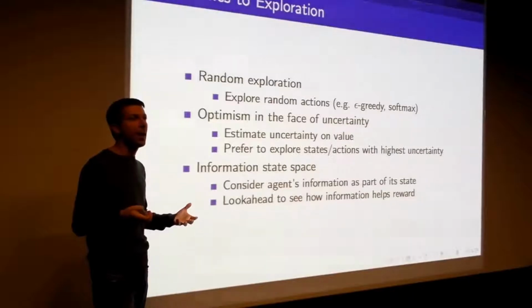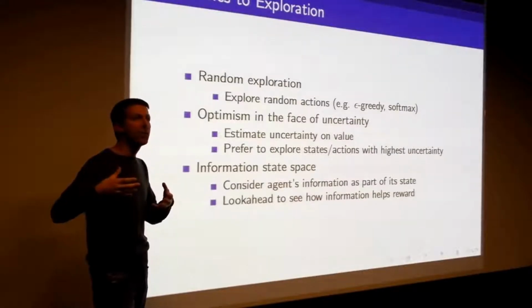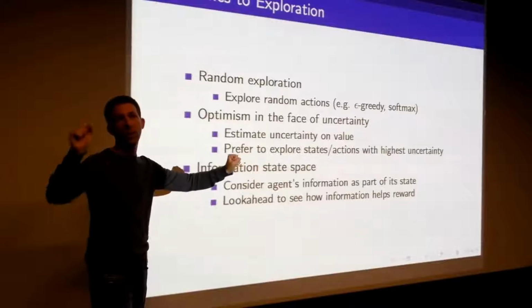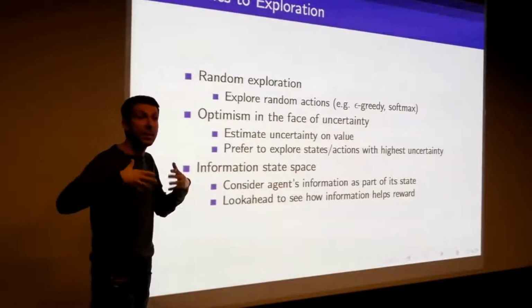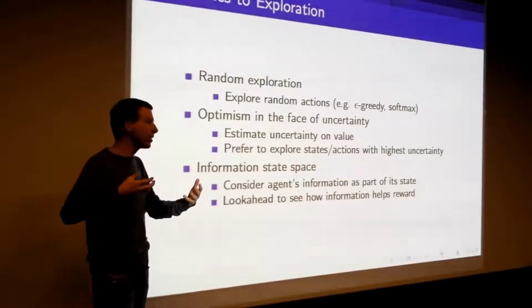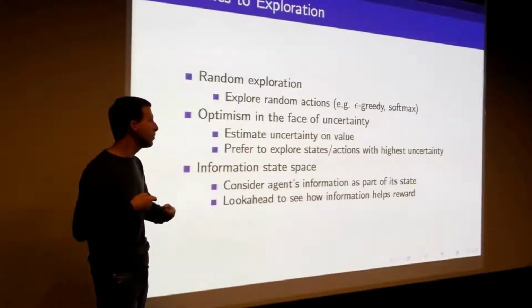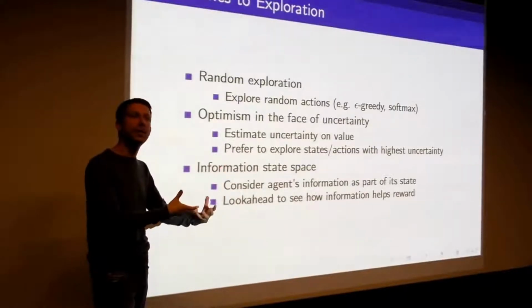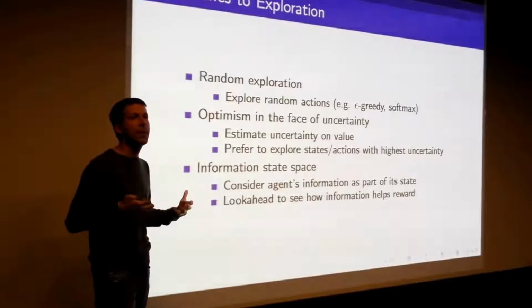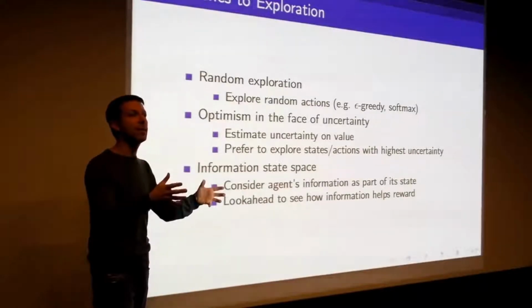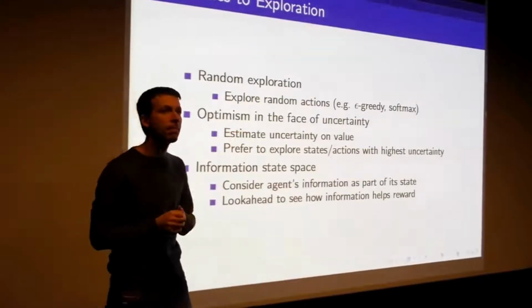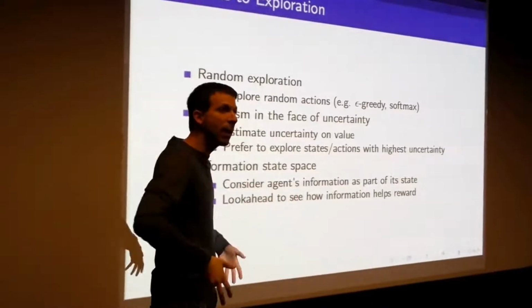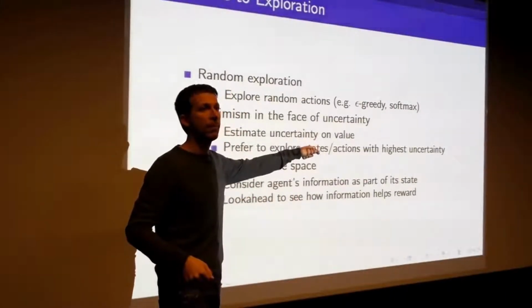So it's like, I'm in a state where I have tried left 3 times and I've tried right 1 time. That's a state now, and we can ask how good is it to move into states where the agent has accumulated information. I might be in a state where I've never seen what's beyond that door over there, and that's a very different state to being in the same place, but knowing what's beyond that door over there.